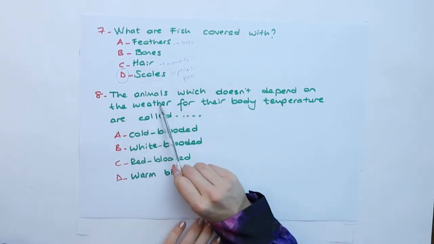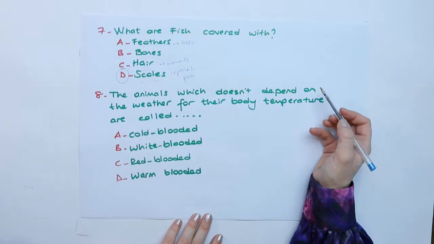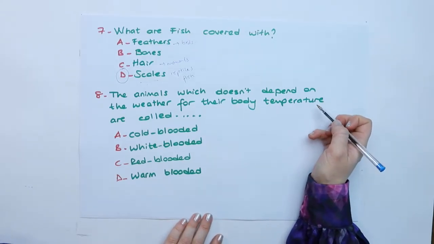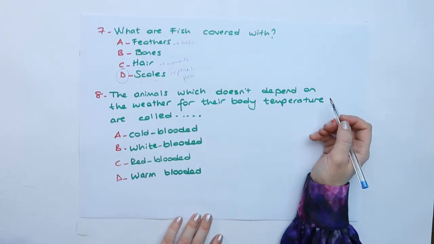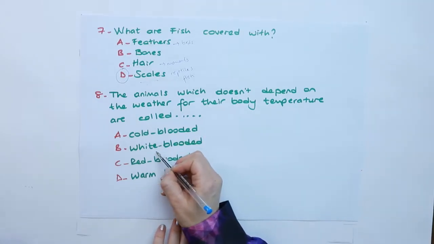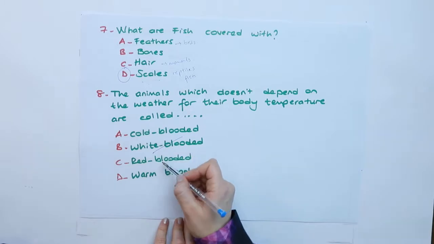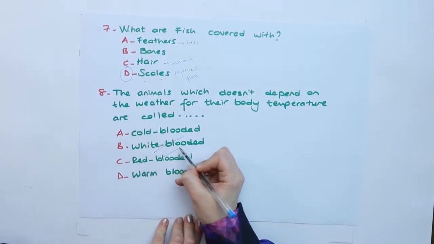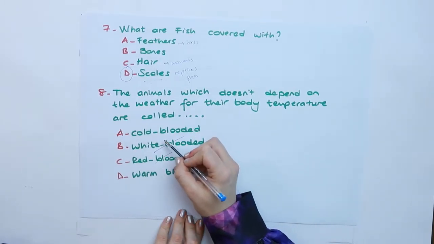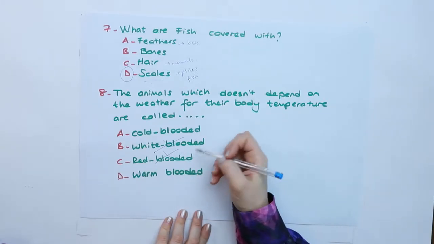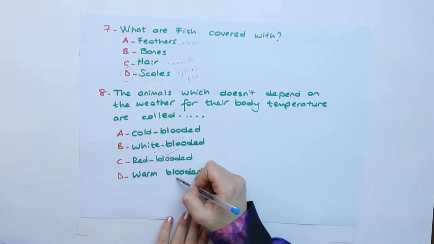Now, the animals which don't depend on the weather for their body temperature are called white-blooded. There are no white-blooded blood type because we've got cold-blooded or warm-blooded. So these are not the colors that we use to describe a blood type.